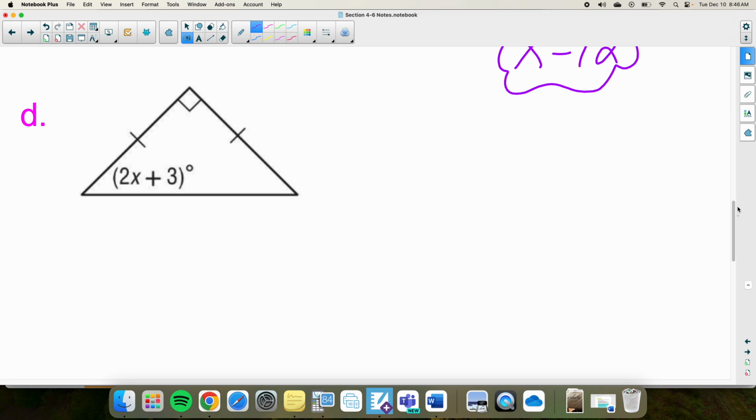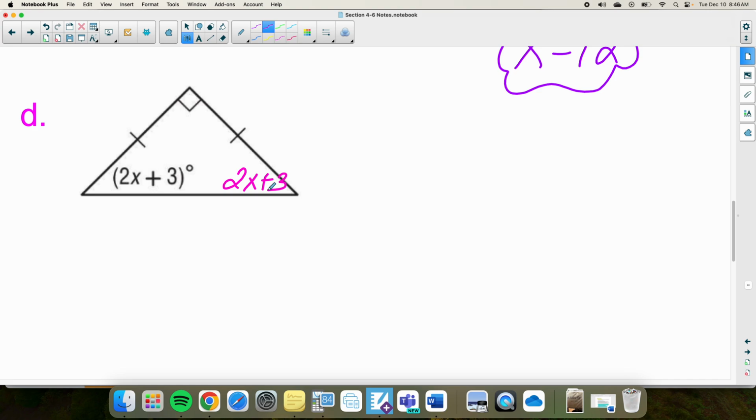Now if I look at this one, notice these two are equal. So if that's 2x plus 3, this is 2x plus 3. Okay, there's actually three ways you could do this one. You could go 2x plus 3 plus 2x plus 3 plus 90 equals 180.